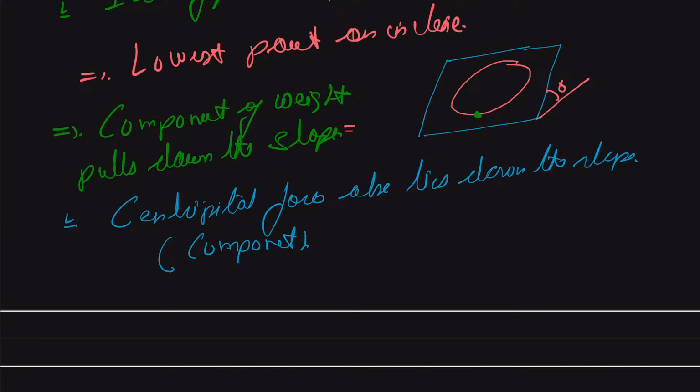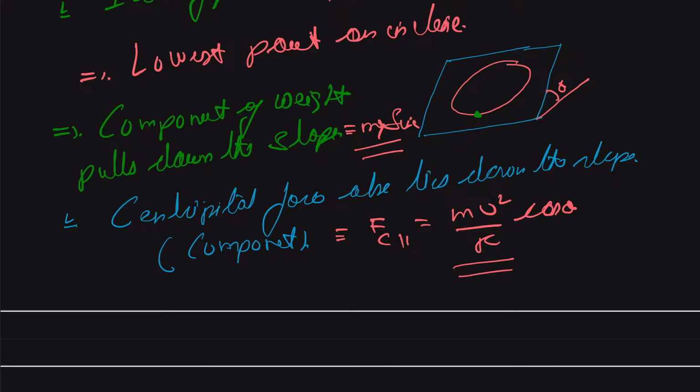This component we know is mg sine of theta, and the centripetal force component is F_c parallel, which is mv square upon r cos of theta. So both components are in the same direction, and they will be balanced by the total friction.